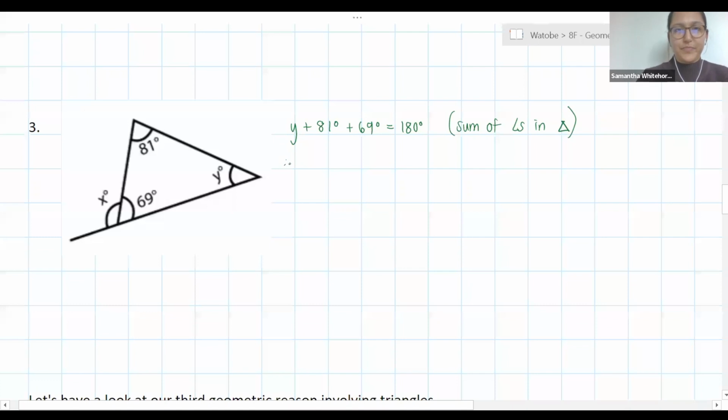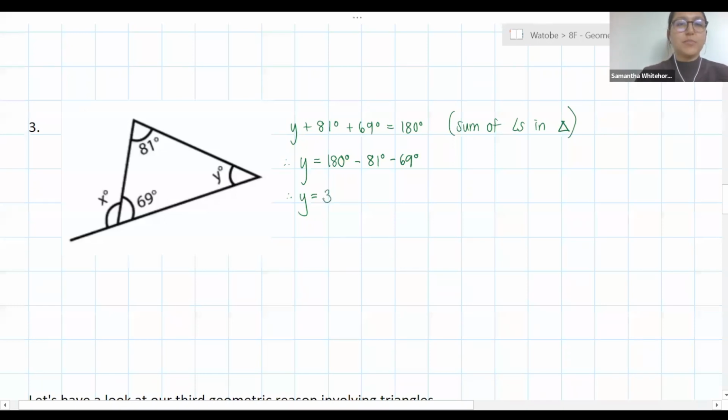Then we're going to say y equals 180 minus 81 degrees, sorry, minus 81 minus 69 degrees. Good. And then that equals 38 degrees.